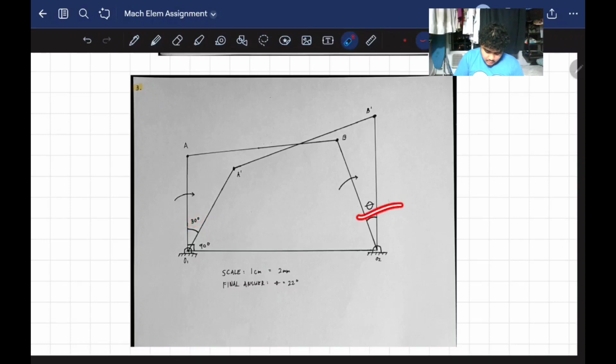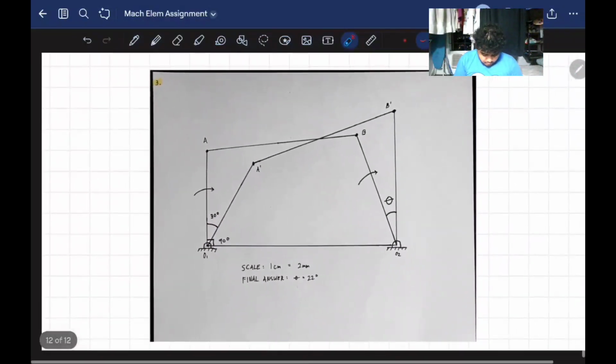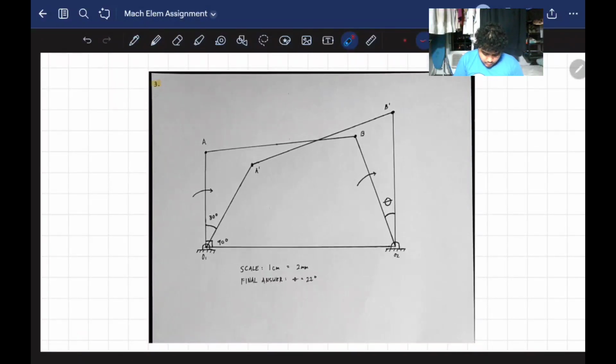What is the minimum diameter, angle of this B to B prime, this one. So we are to get that if this A moves by 30. And after using the scale 1:2, we got the final answer 22. So that's just using a graphical method, using this distance the same as here.